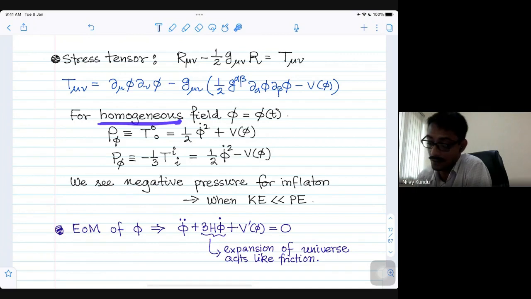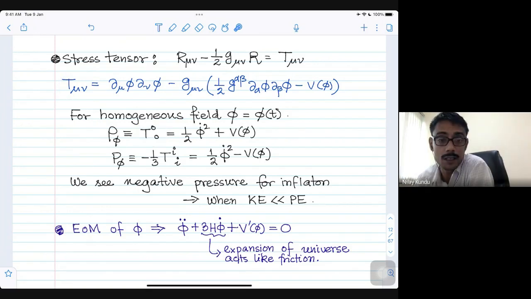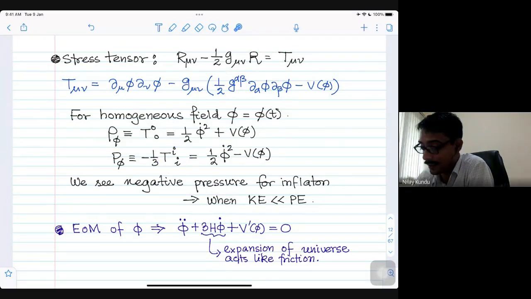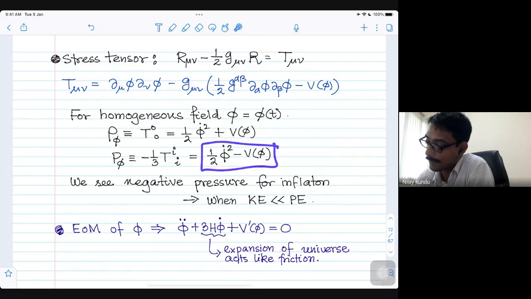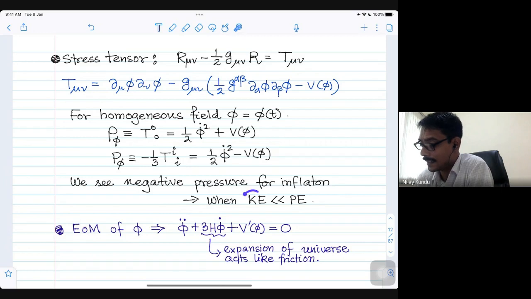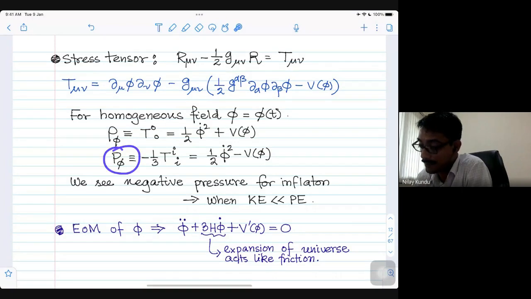It's just a time dependent function. If it's homogeneous, then from the stress energy tensor, if you look at the 0 component, you get the energy of the inflaton, and if you look at the spatial ii components, you get what is called the pressure associated with the scalar field model, and that turns out to be this one. You can see that if the kinetic energy is much less than the potential energy, which is the situation when inflation was happening, this pressure becomes negative.